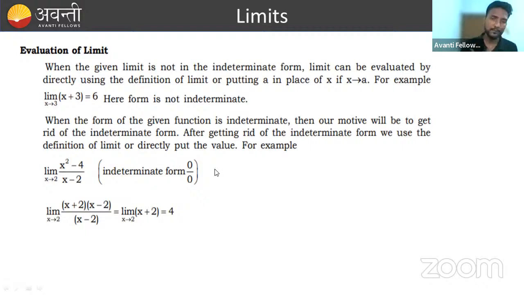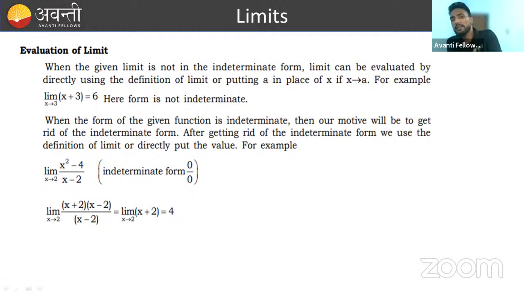But the most important thing is when some indeterminate form comes, like x square minus 4 divided by x minus 2. If I put x tending to 2, you get 2 square minus 4 divided by 2 minus 2, so 4 minus 4 divided by 2 minus 2. So it is the 0 by 0 form. But still we have to find the limiting value. So what do we have to do? We have some methods.